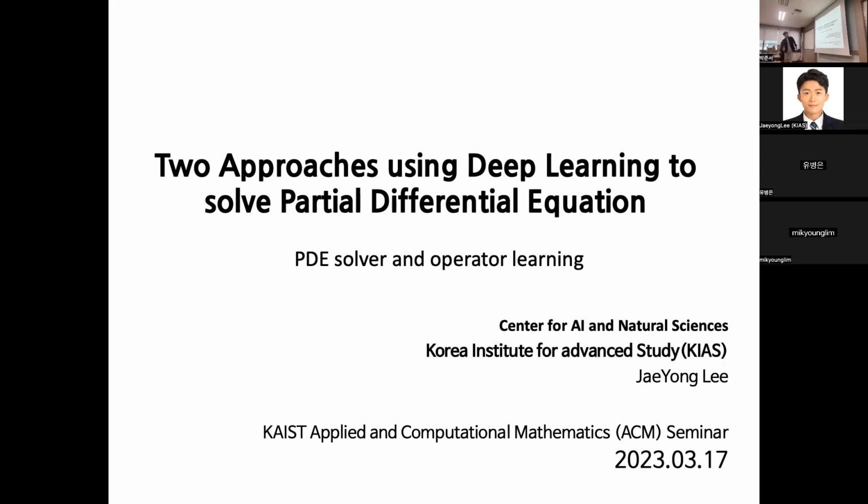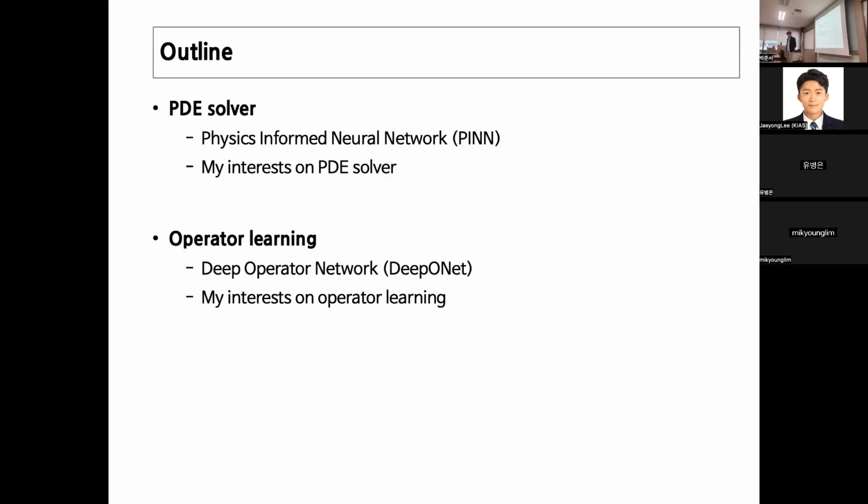So let's start. First, the PDE solver is about solving one PDE using deep learning. The famous model is called physics-informed neural network, called PINN. I'll introduce my interests in the PDE solver part.